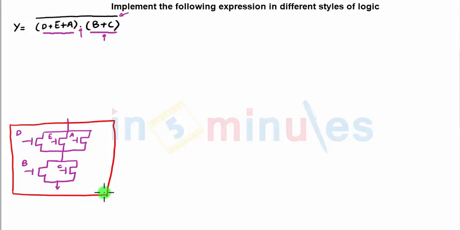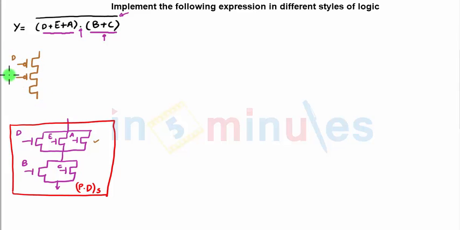Now let's go ahead and draw the pull-up network. We have also seen that the pull-up network will be exactly complementary to the pull-down network. What do we understand by that? It means that in the pull-down network, if my D, E and A are parallel, in my pull-up network they would be connected in series. And remember, now we would have PMOSes.